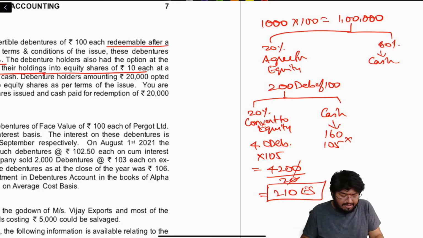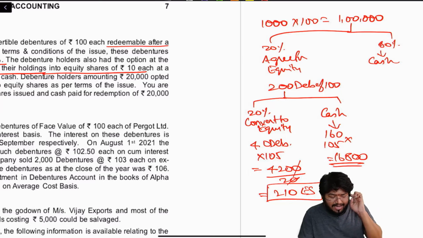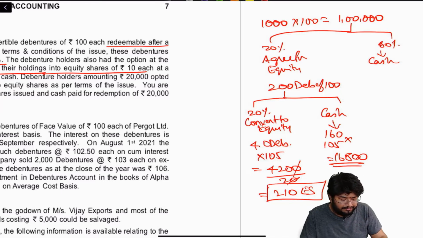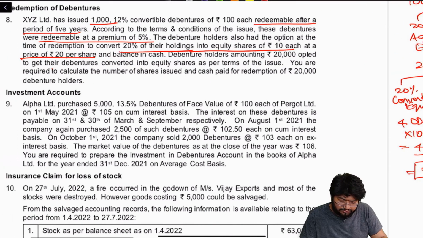Now for the remaining people, if you see 160 into 105, how much is it going to be? 16,800. And remaining 80%, what did they opt for? Cash, sir.